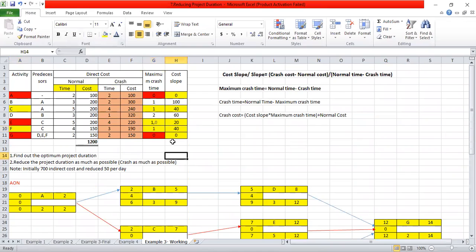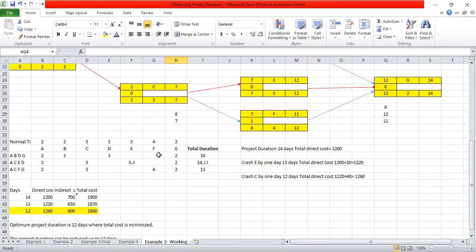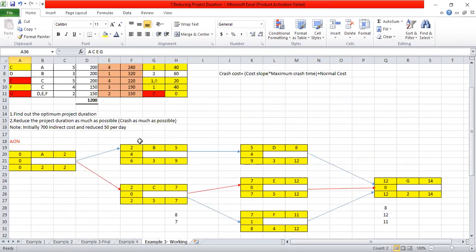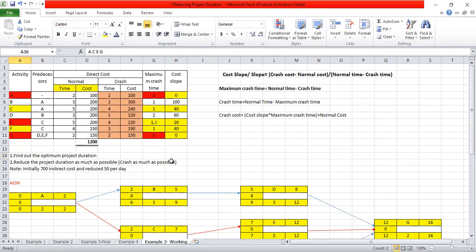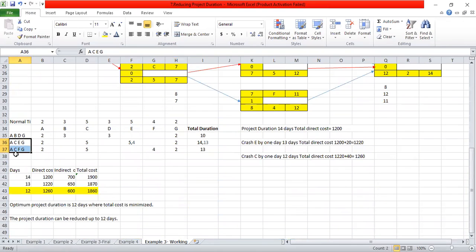After seeing this critical path, I have to crash further. There are only two activities remaining, C and F. If these are the two critical paths, F is not common to both paths.